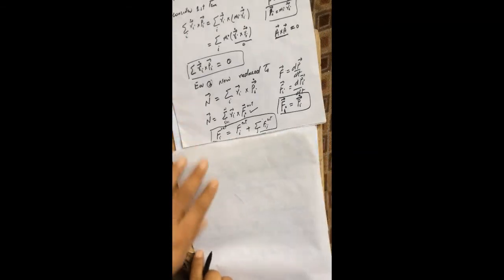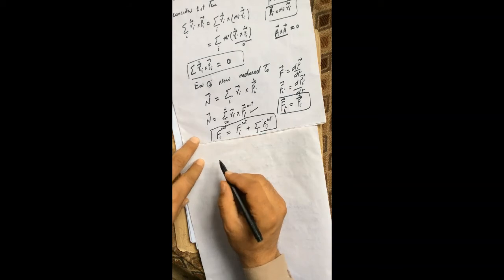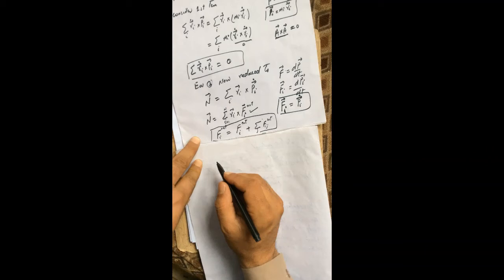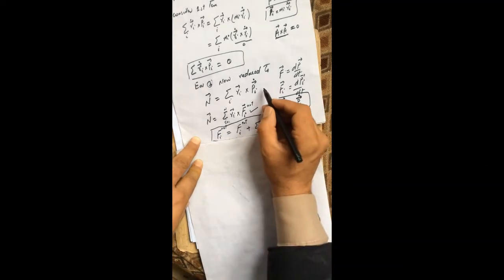So here I am left with my equation N, the equation reduced to this, which is my equation, let's say 4.